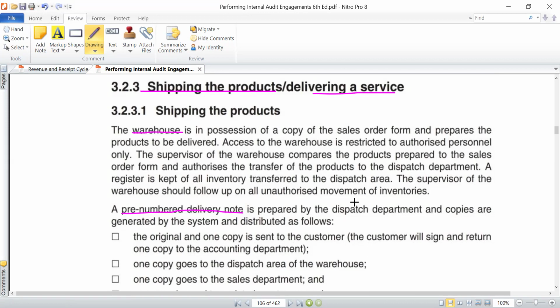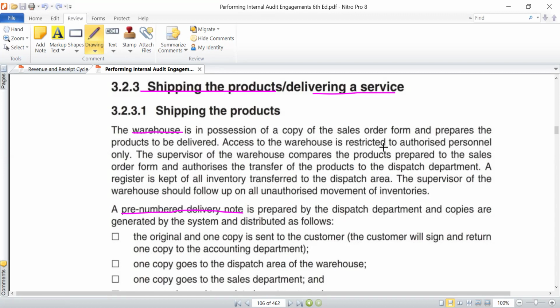Now, from the warehouse section, there are certain standardized processes that need to take place, which have to be controlled also, right? And one of them has to do with loading of the goods ordered by the customer to the delivery trucks. So there's that movement of inventory that will take place in that process.